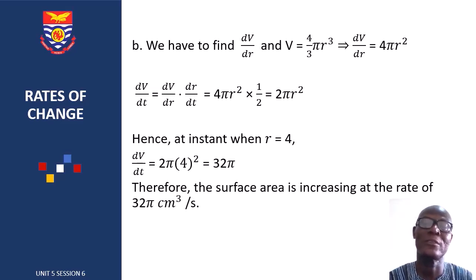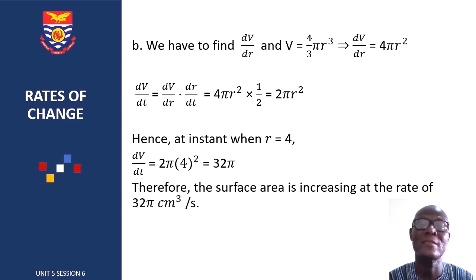Now, looking at our chain rule, dV/dt is equal to dV/dr times dr/dt. But we know dr/dt, which is 0.5 or 1/2. And dV/dr is obtained by differentiating the volume with respect to radius.